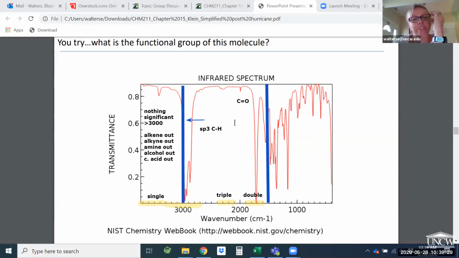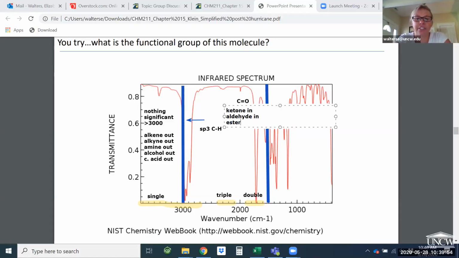Okay. So then you would consider which functional groups have carbon to oxygen double bonds. You could say ketones are in. Aldehyde is in. Ester is in.